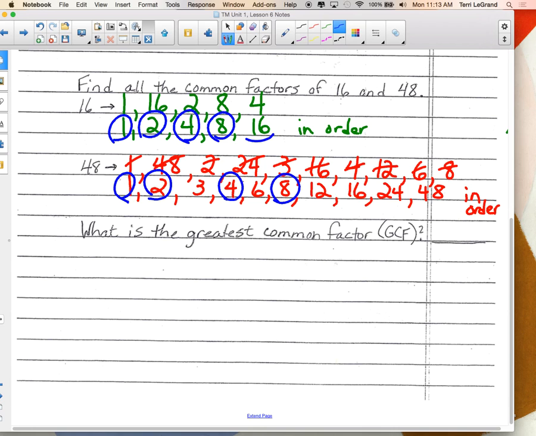So we used up all of the ones from the one list. So now we would say these are the common factors. There are 5 common factors, but we need the greatest. Which one is it? 16. So we are going to say the GCF of 16 and 48 is 16.